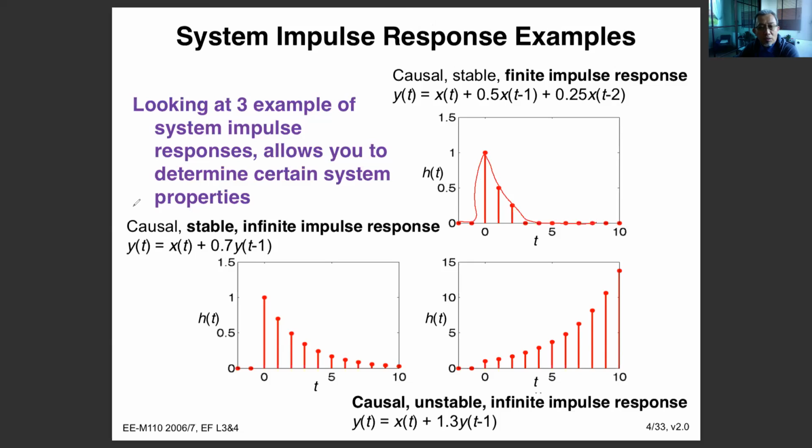If the system is causal, stable, but infinite impulse response, it will give a different output as shown here. And if the system is causal, unstable, infinite impulse response, it will get bigger and bigger towards infinity, which is not suitable for system ID cases.